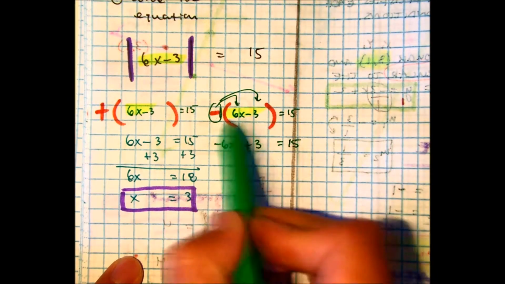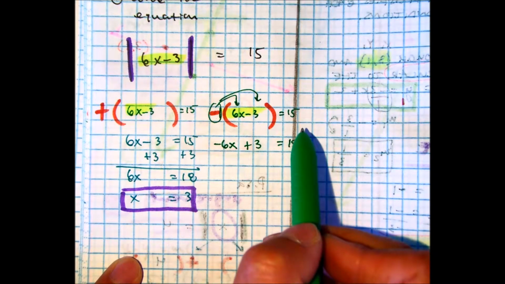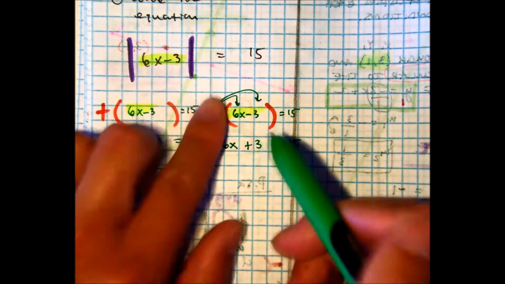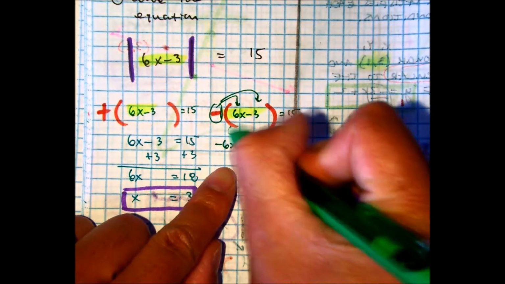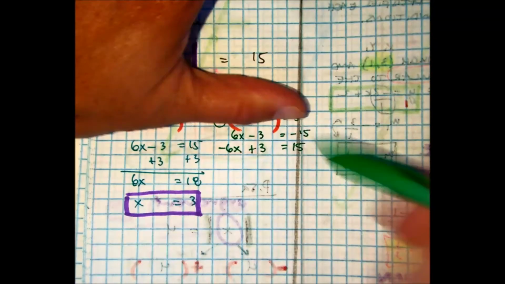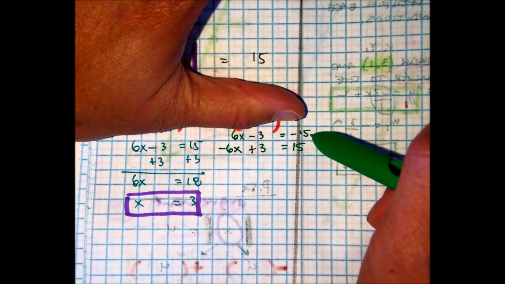You could have distributed, or you could have divided both sides by -1. Class, what was the other way we didn't do? So you could have had on your paper 6x minus 3 equals -15. And these two are actually equivalent, because the only difference is dividing or multiplying both sides by -1.